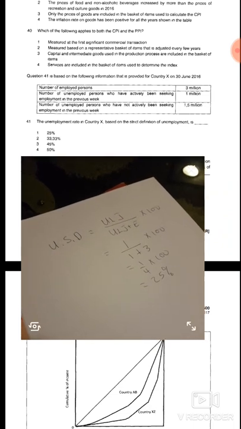The 1.5 million are unemployed but not looking for jobs, so we don't include them. So times 100, it's 1/4 times 100, so it's going to be 25%. So option number 1, question 41, is the correct answer. So it's going to be 25%.